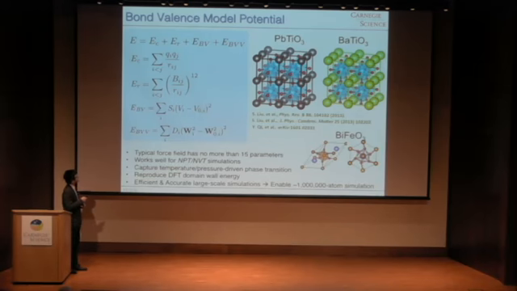Our bond valence model potential is very simple with only 4 energy terms: Coulomb interaction, short range repulsion, and these 2 energy terms from bond valence theory. Throughout the years, we successfully parameterized the force fields for lead titanate and bismuth ferrite, and recently we have a fairly accurate potential for barium titanate. So a typical force field has no more than 15 parameters.